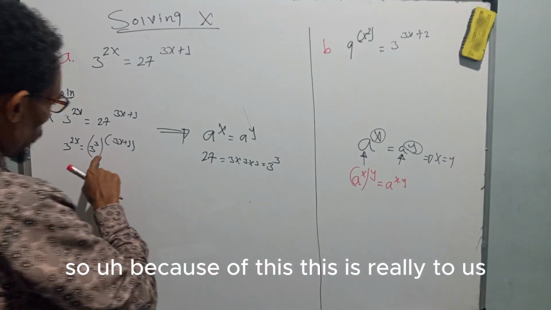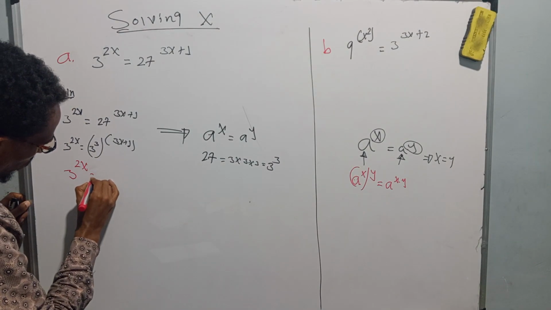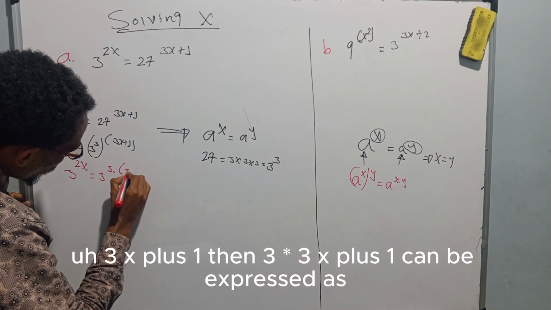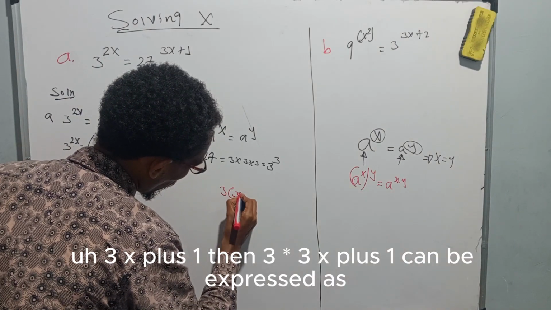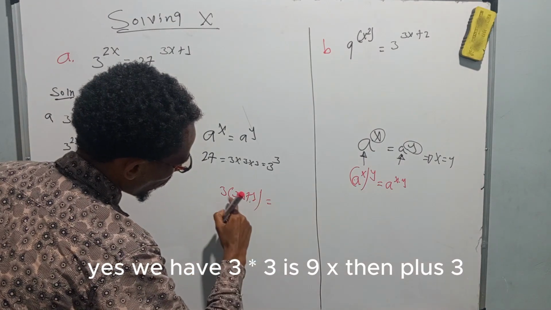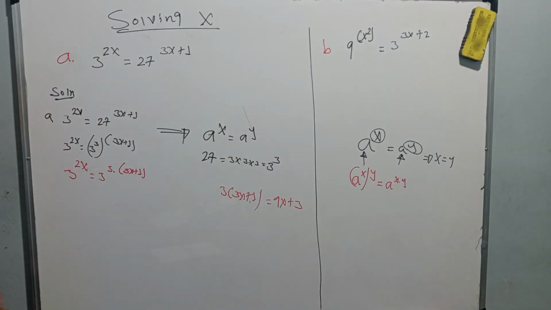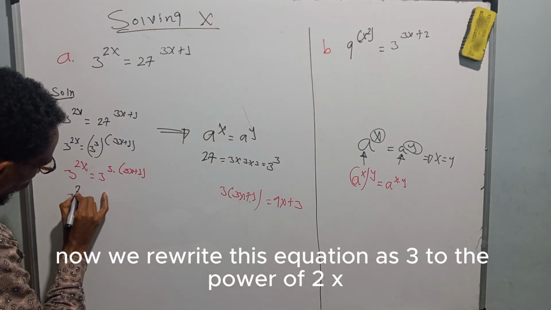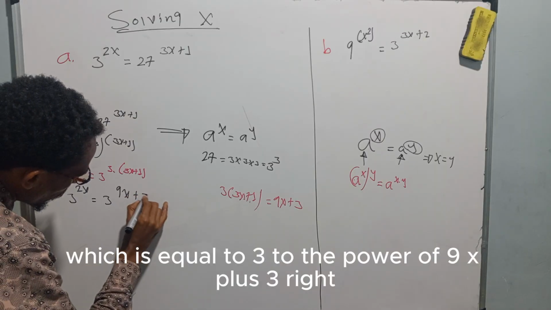So 3 to the power of 2x is taken as it is, but here we have 3 to the power of 3 times (3x plus 1). Then 3 times (3x plus 1) is 9x plus 3. So now we rewrite this equation as 3 to the power of 2x equals 3 to the power of 9x plus 3.